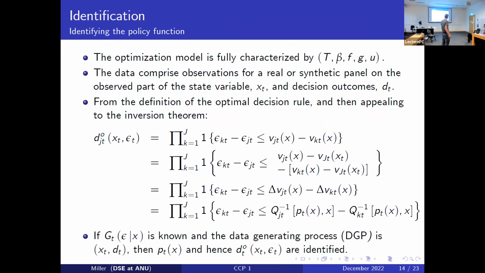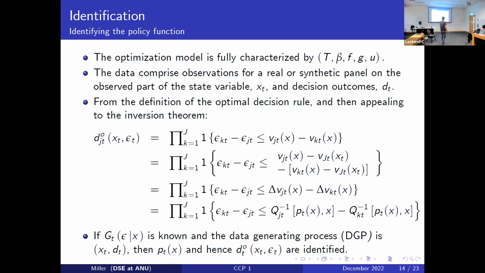What is identified? Well, let's imagine we've got the conditional independence assumption, we've got the x's and the outcomes. First thing we notice is that if we appeal to the inversion theorem, the policy function itself is identified. Now let's have a closer look at this before you all start going around estimating using BBL. Seriously.